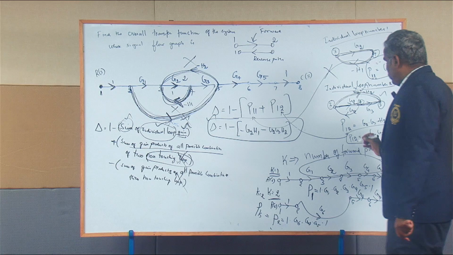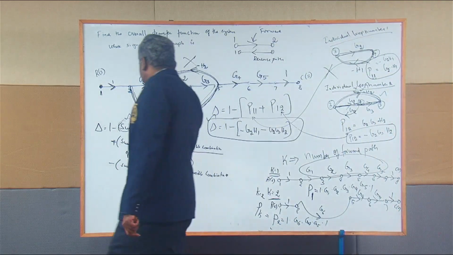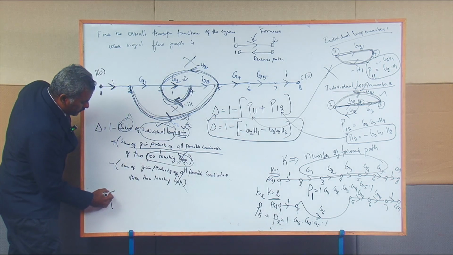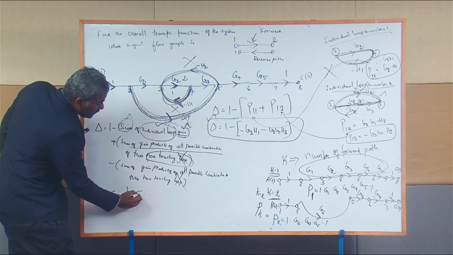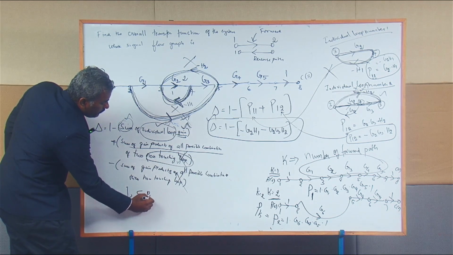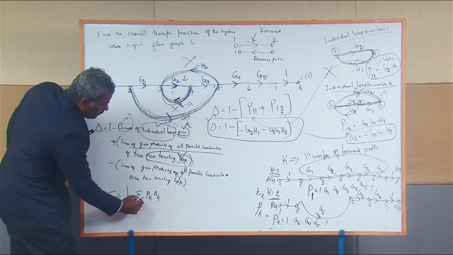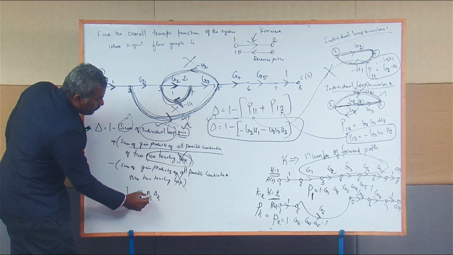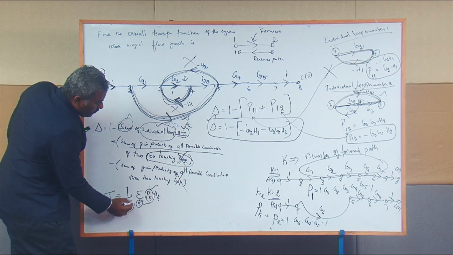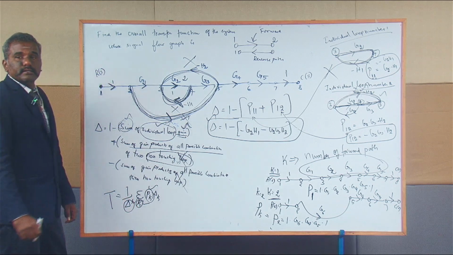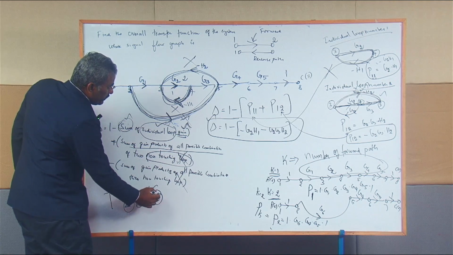After finding this delta, you may give the tick mark in the overall transfer function T, which is equal to 1 by delta, summation of k, P suffix k, delta k. So you finish the k value finding, the P suffix k finding, and the overall delta finding. Then the final step is to find delta k.